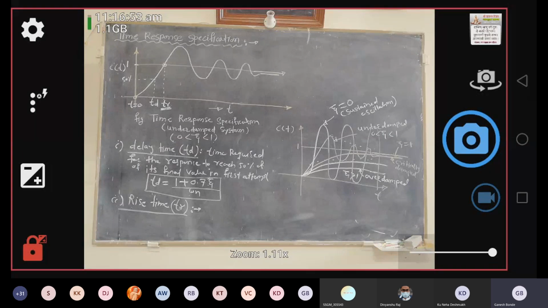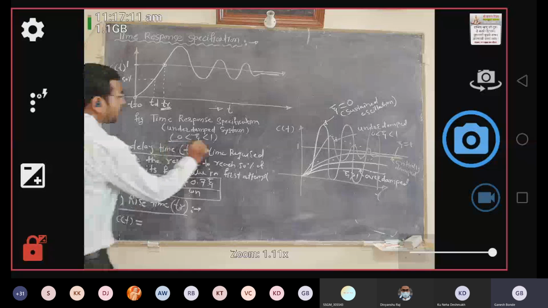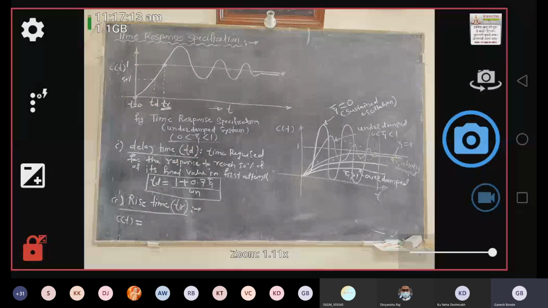Then what will be the expression for C of t for an underdamped type system? Can you tell me the expression for zeta less than 1 and greater than 0? For this system, what kind of C of t have we obtained? Do you remember it?